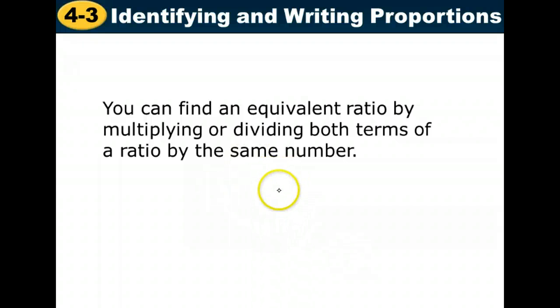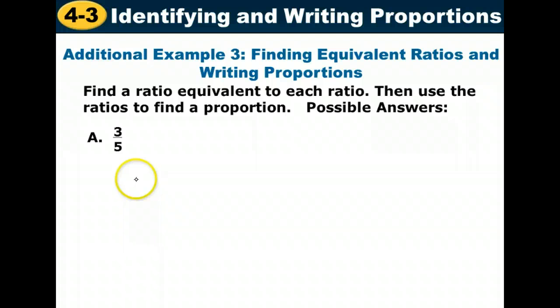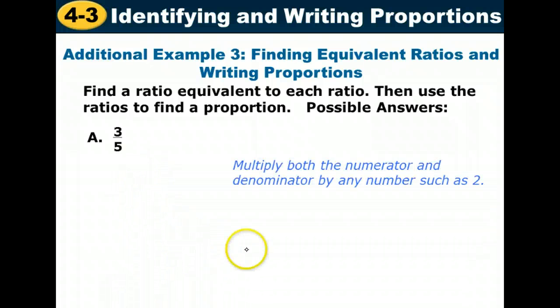Alright, another way that we can find equivalent ratios, similar to fractions, is to multiply or divide them by a number. So let's do an example. We have 3/5. We can multiply, for example, by 2, and we will get 6/10.